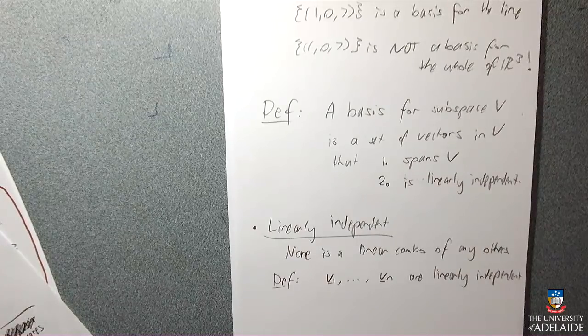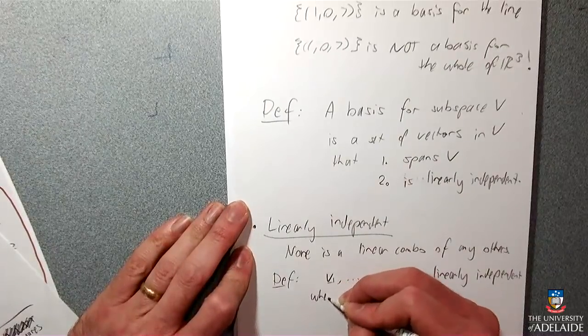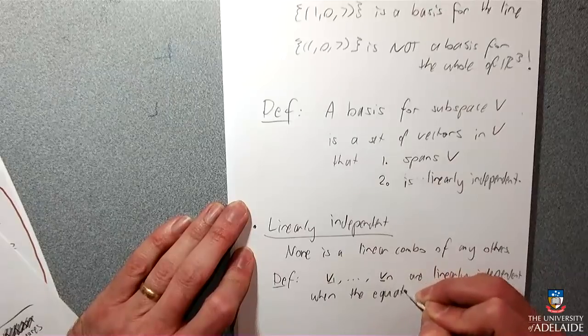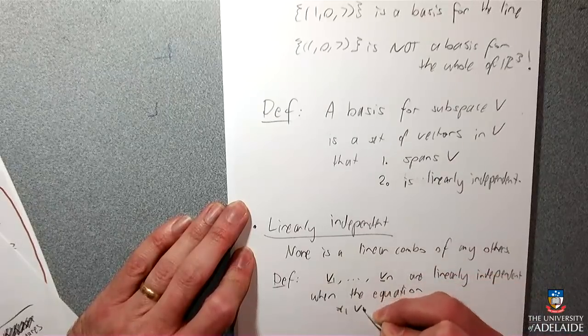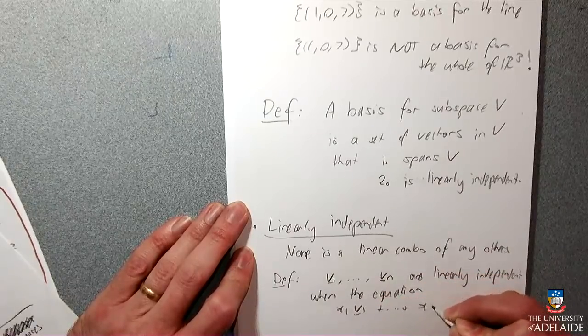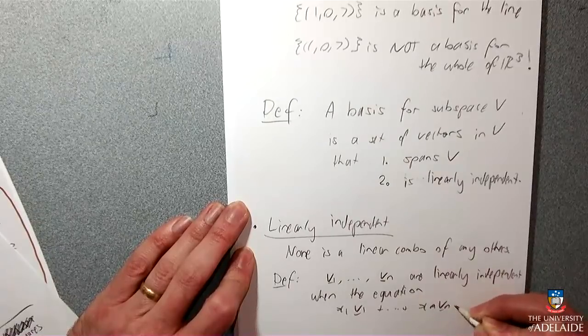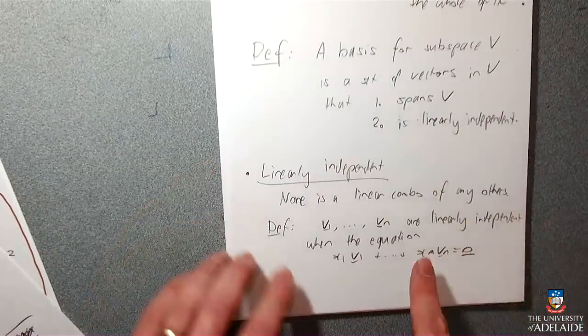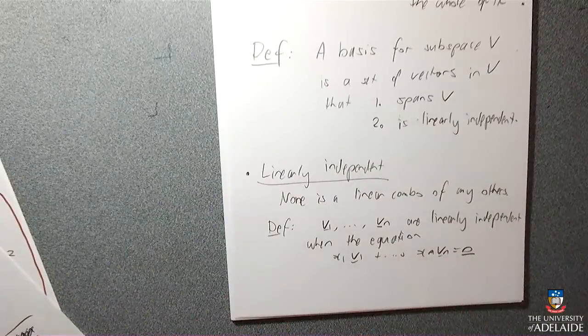v1 up to vn are linearly independent when the equation x1 v1 plus up to xn vn equals 0 has only the solution x1 equals 0 all the way up to xn equals 0. That's the 0 vector, by the way, the vector all of whose coordinates are 0. It's not the number 0. That's why it's got an underline, because it's in bold, because it's a vector.